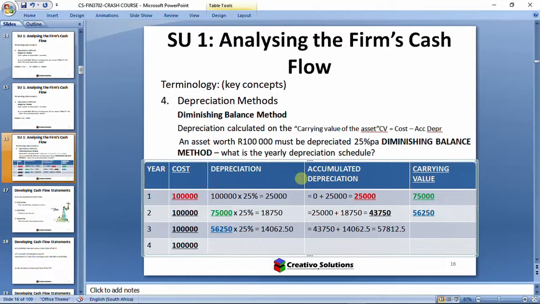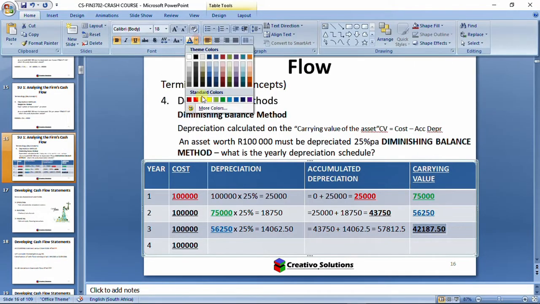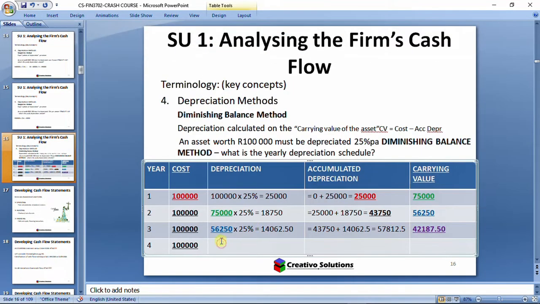Okay, well, let's first work out the carrying value. Obviously, you've got to subtract, eh? Yes. Okay, so 100,000 less that gives you 42,187.50. Yes. Okay, right. Do you get the big picture here? How to calculate depreciation? This is more just a reminder from accounting, making sure you can do these workings using the correct formula.